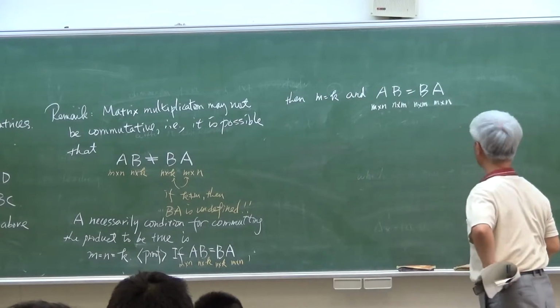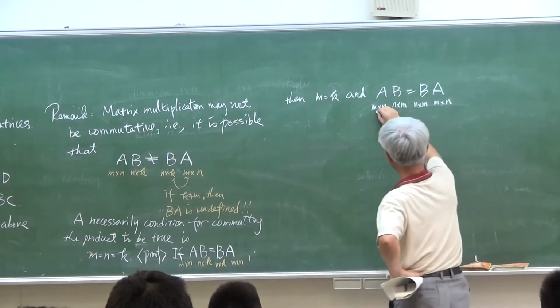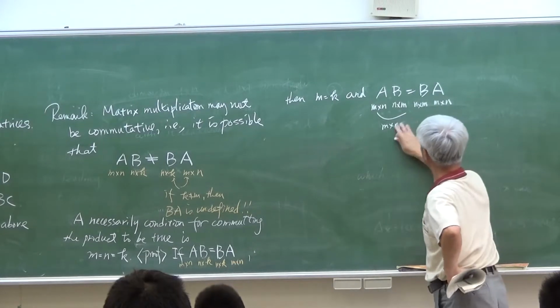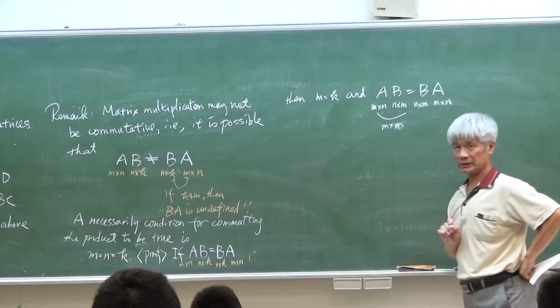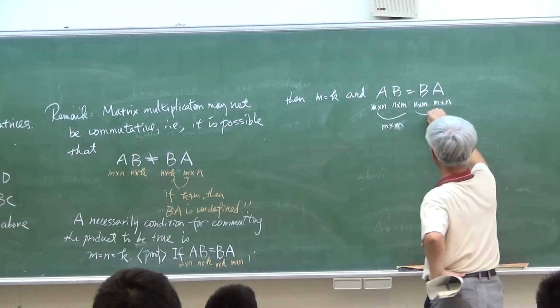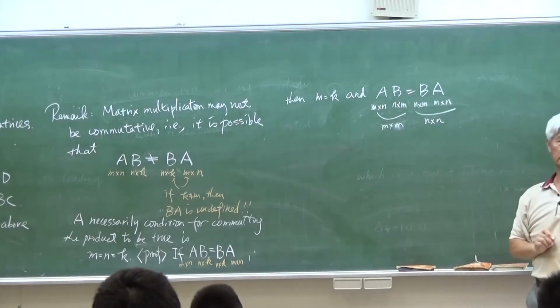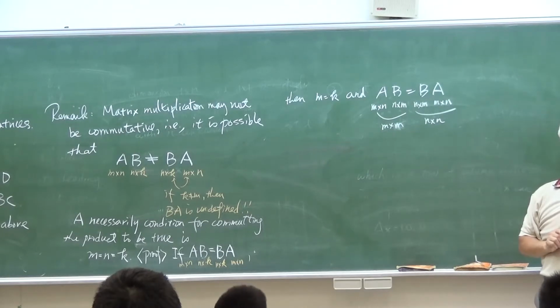Okay. But now the matrix here is M times M, so it is a square matrix of dimension M, and the result is N times M. Right?